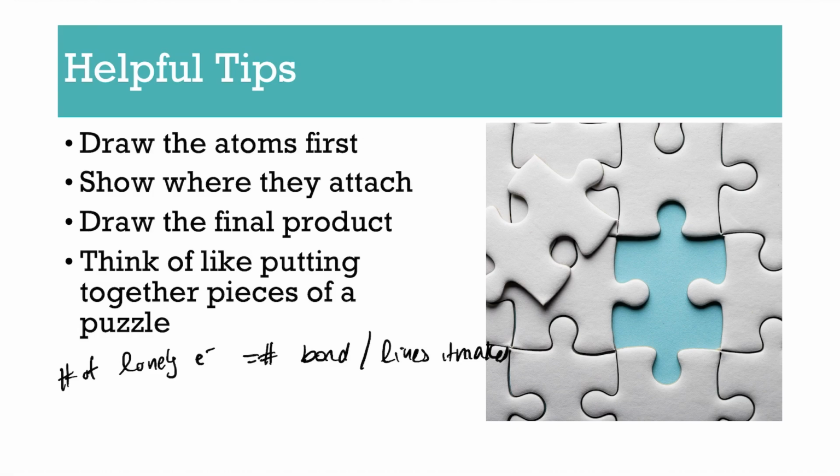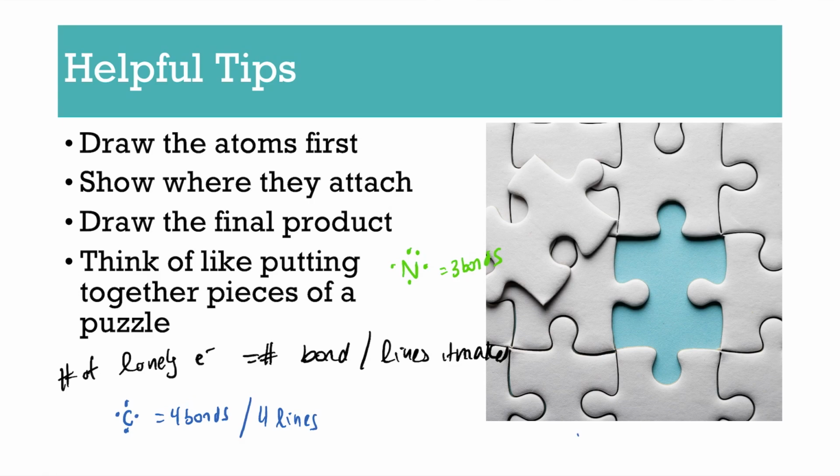So what I mean by that, if you look at carbon, carbon has 4 lonely electrons, so it can make up to 4 bonds. So 4 lines should be coming off of carbon at all times. Now, if you look at, let's say, nitrogen, nitrogen has 3 lonely electrons, so that's 3 bonds it can make.